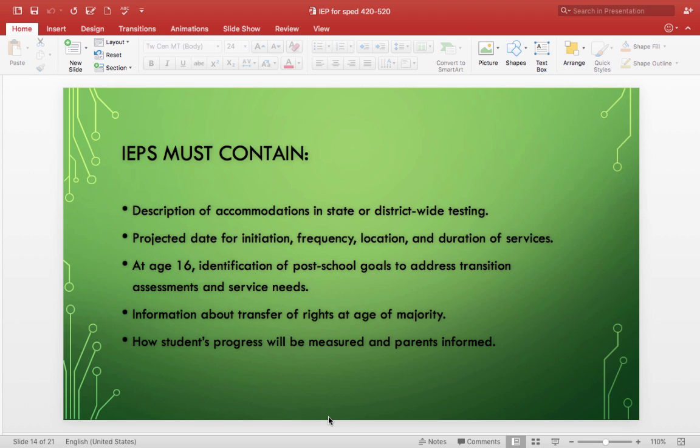Again, district-wide testing, projected dates for initiation, transition, and this is something that's very important, especially for our students with severe needs. Transfer of rights at the age of majority, which is 18 in all states. We also need to remember that even though they may have a severe disability, the rights are going to transfer at age 18 unless the parents go to the courts and ask for an extension.